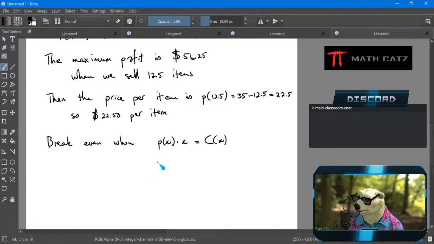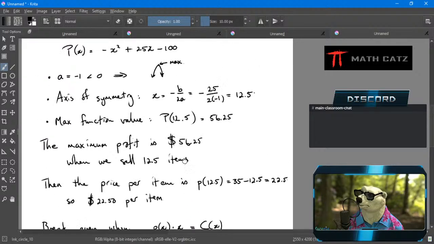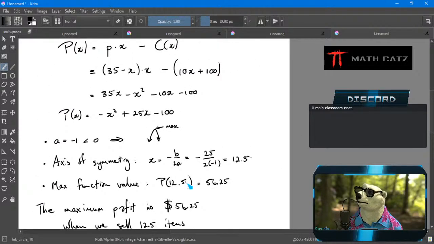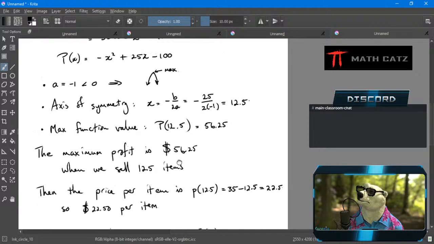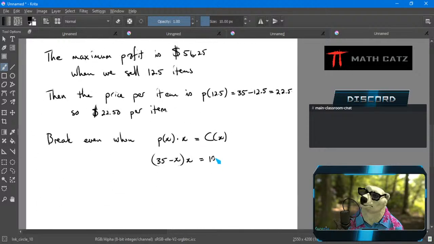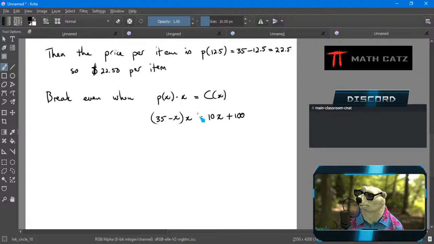My revenue was the price, 35 minus x times x. Cost was, I do not remember, 10x plus 100. So we have 35x minus x squared equals 10x plus 100.